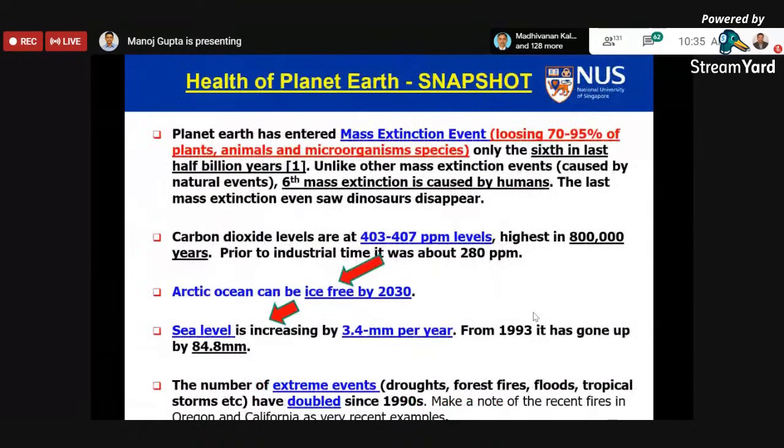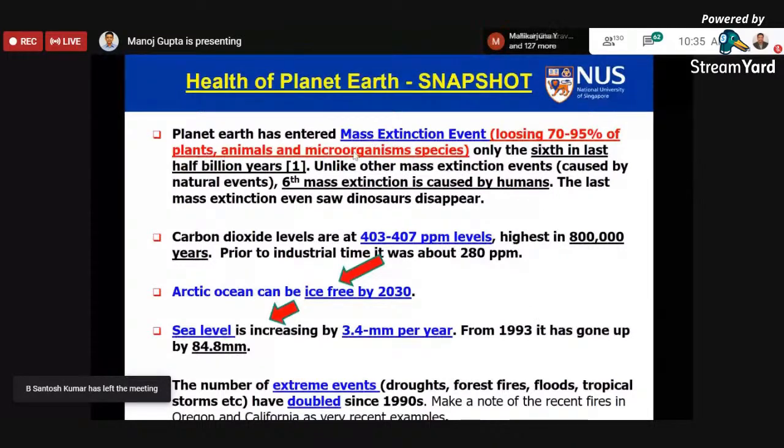Now, to understand the gravity of global warming, I've brought up this slide. You will be surprised to know that we have entered the 6th mass extinction event. When you say a mass extinction event, that means we can lose 70 to 95% of plants, animals, and microorganisms.